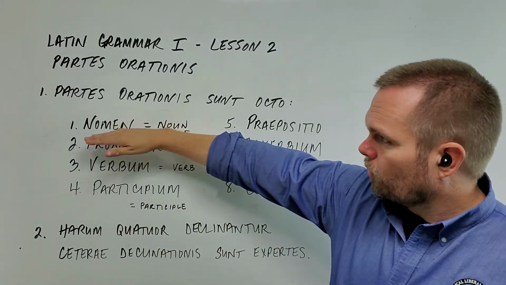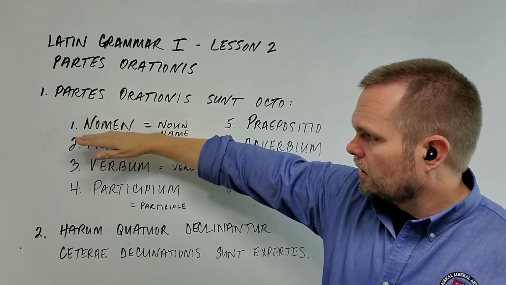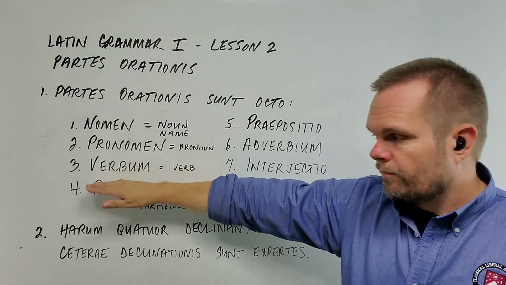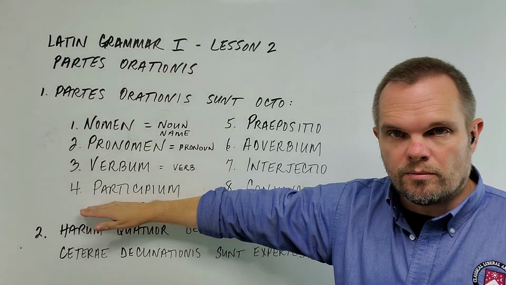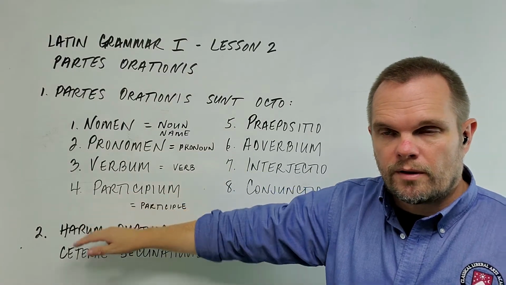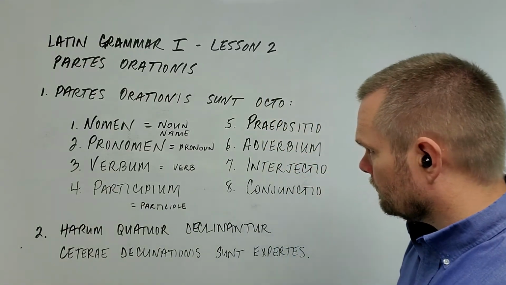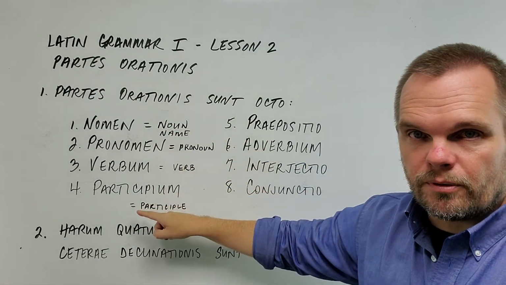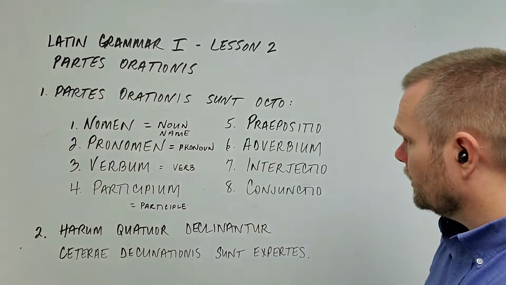So the first 4 parts of speech, nomen, pronomen, verbum, and participium. Okay, the first 4. Noun, pronoun, verb, participle in English.